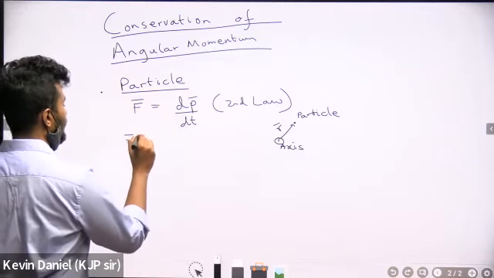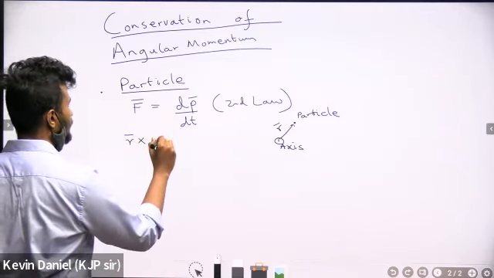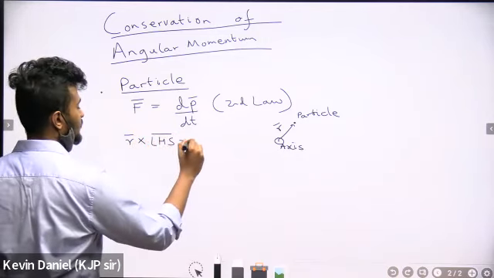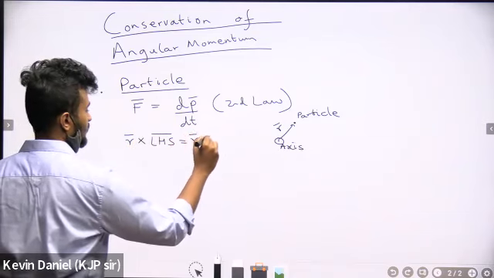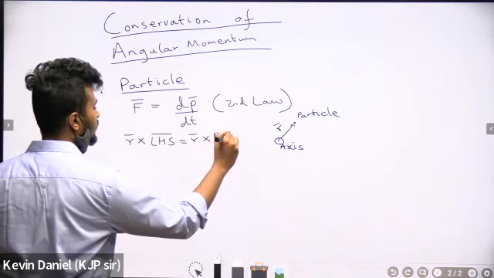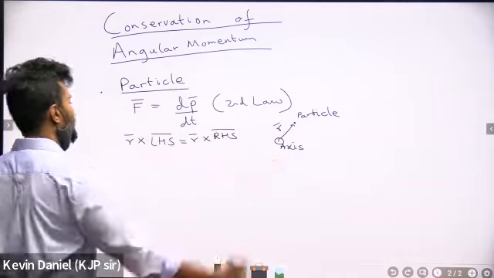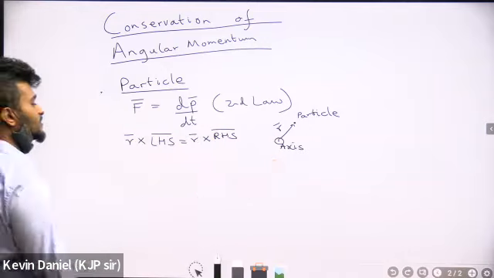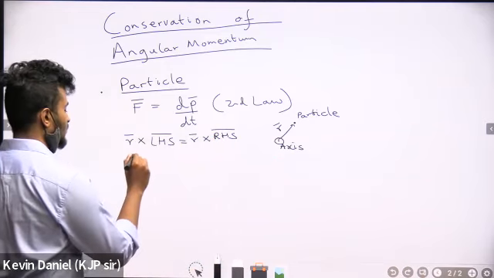I can really perform any operation on the LHS as well as the RHS, and both sides should still be equal, right? Because LHS is the same as RHS. So I'm performing this operation. R cross LHS is R cross RHS. Look at what that gives me.